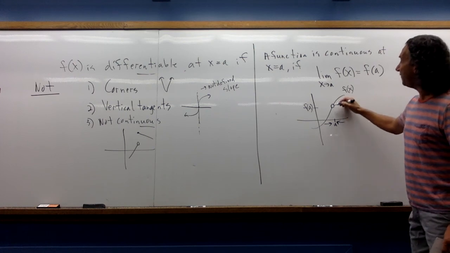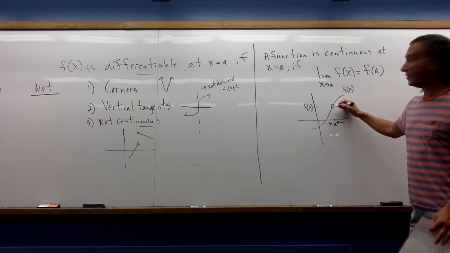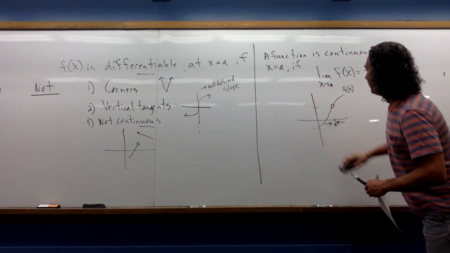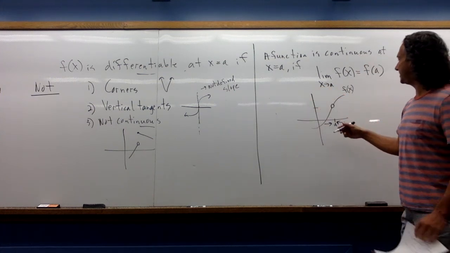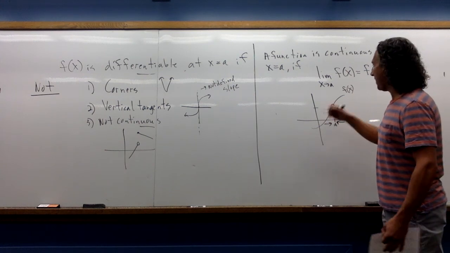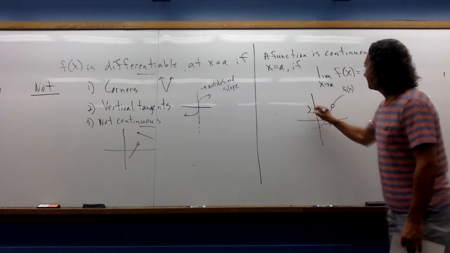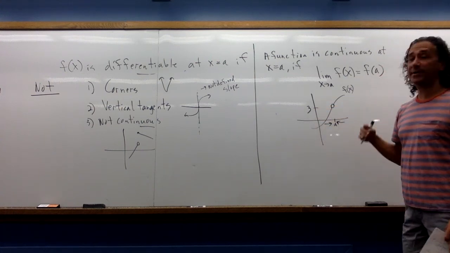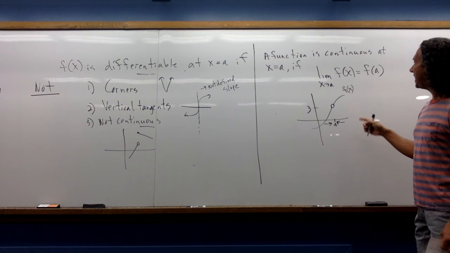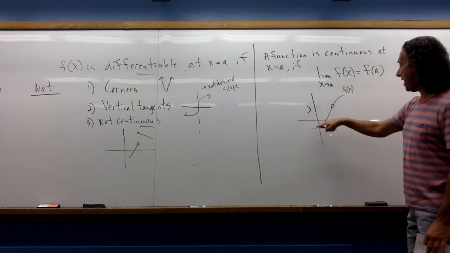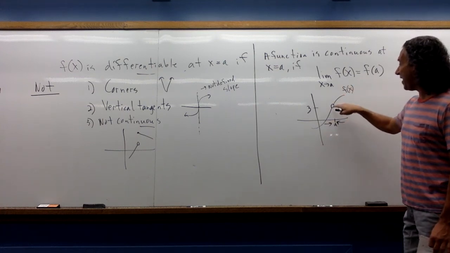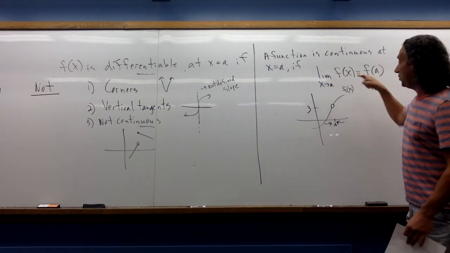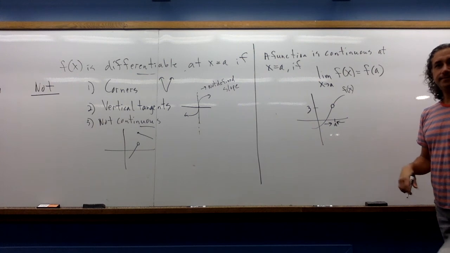So in this case, f of a doesn't even exist, right? Let me not call that f of a because in this case it's not even existing. Let me just call that 3. So this is just some number up here. So before f of a happened to equal 3. So in this case, as we're approaching a from either side, f of a doesn't even exist. Nobody's home. So this isn't true, and this guy is not continuous.